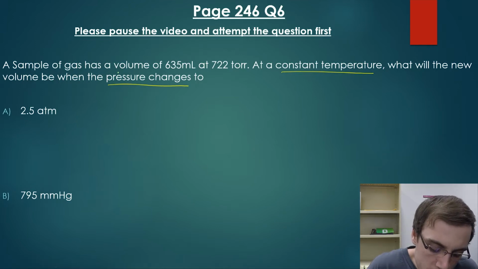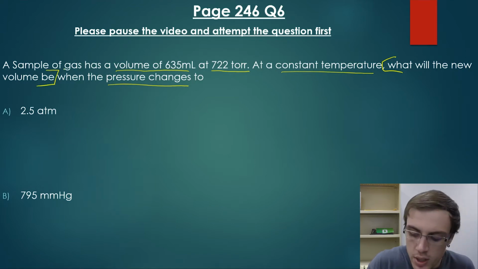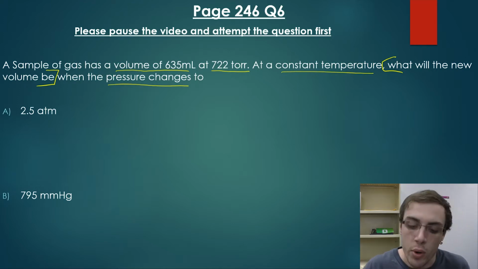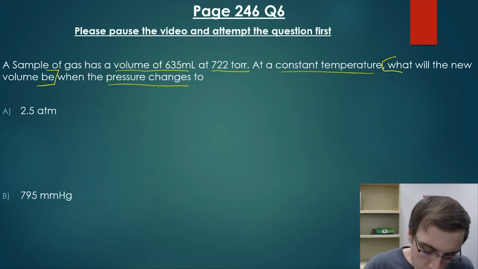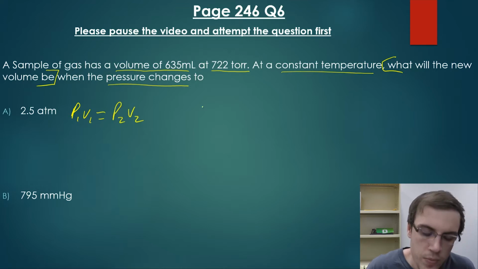We are given a volume and a pressure, and it's saying at a constant temperature, what will the new volume be? So we are seeing pressure, volume, and a change to volume. This should spark to mind Boyle's law. Boyle's law is P1 V1 is equal to P2 V2.